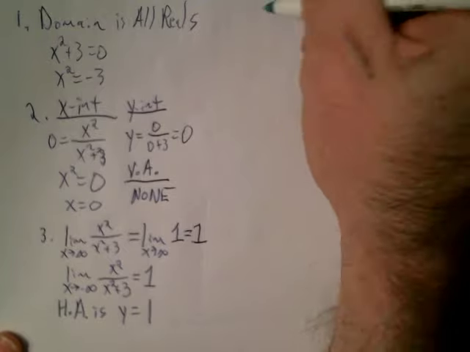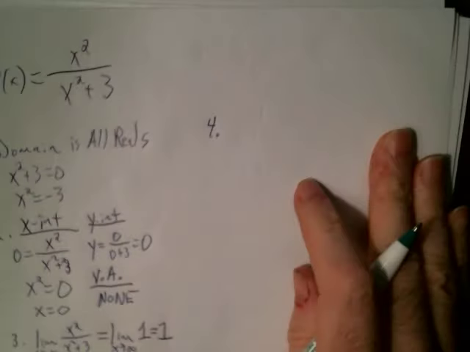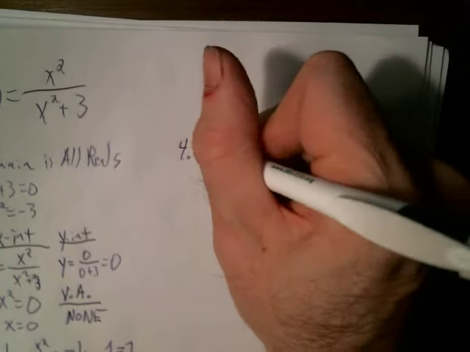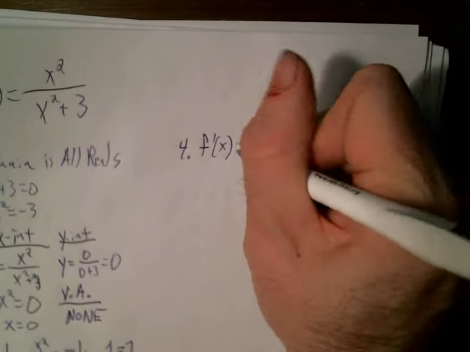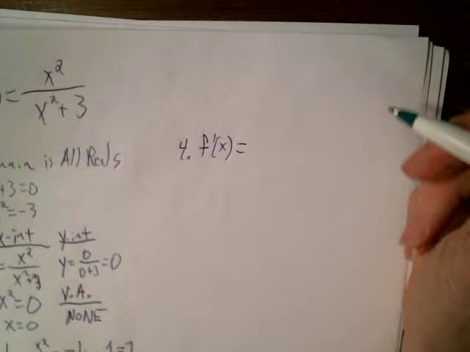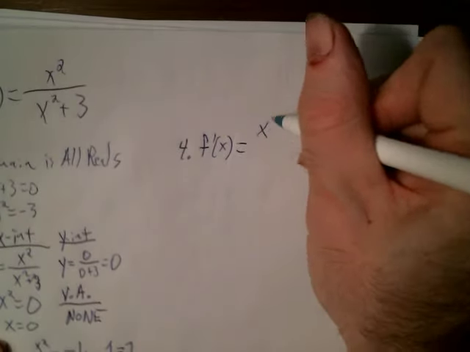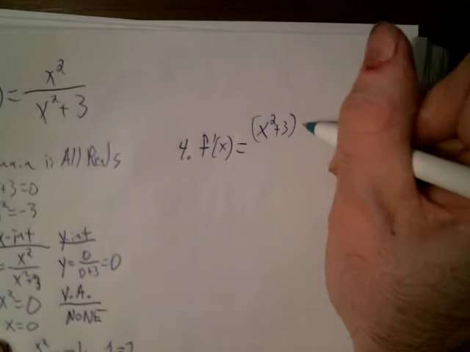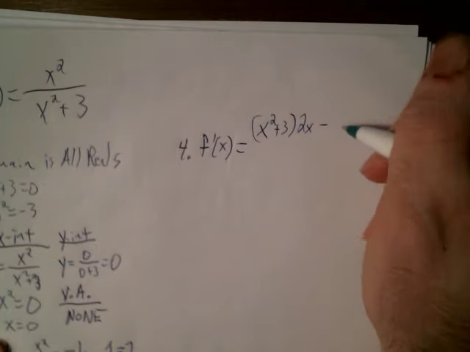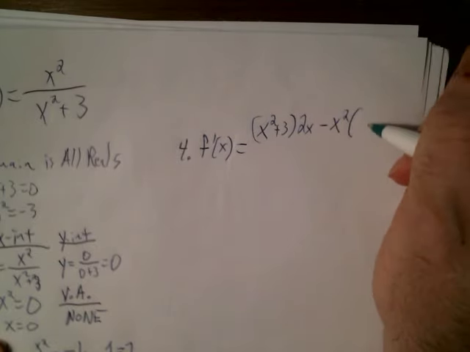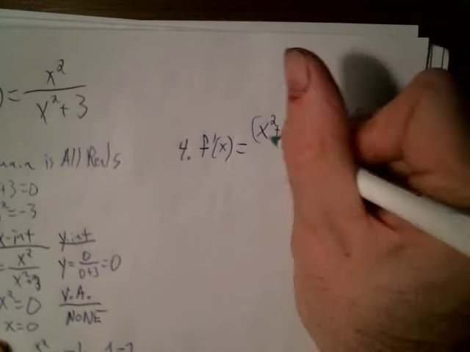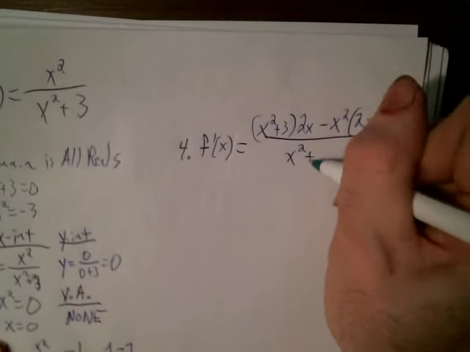So now we're going to worry about the first and second derivatives and the corresponding number lines. f prime of x is low d high minus high d low. So low, x squared plus 3, times d high, which is 2x, minus high, x squared, times the derivative of the low, which is 2x, all over the low squared.